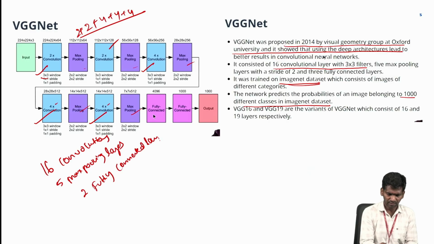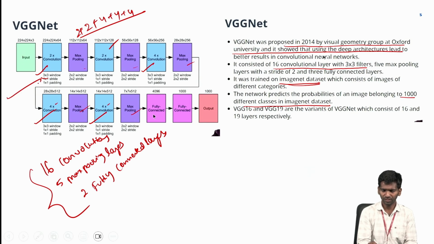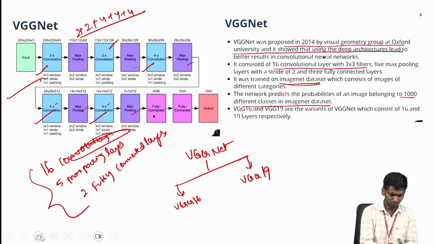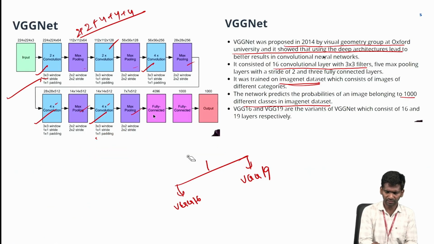You could see all these three features in the architecture of VGGNet. This VGGNet is further divided, and the variants of VGGNet are VGG16 and VGG19. I hope you understood. It is mostly used, and it is trained on the ImageNet dataset.